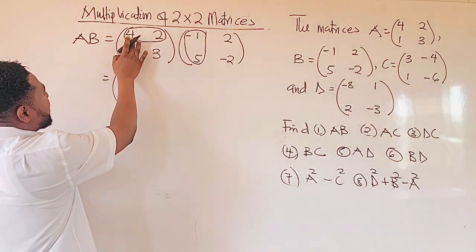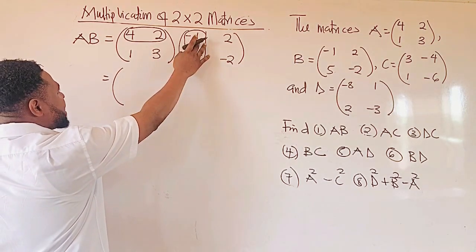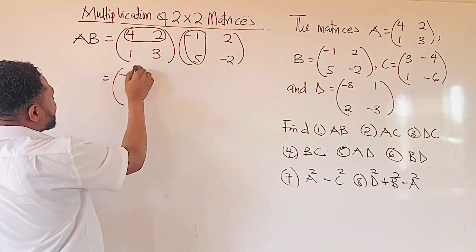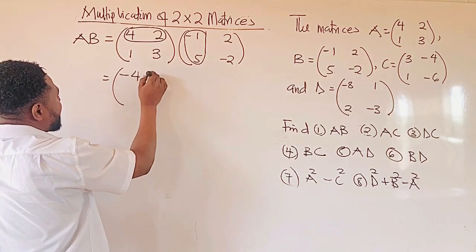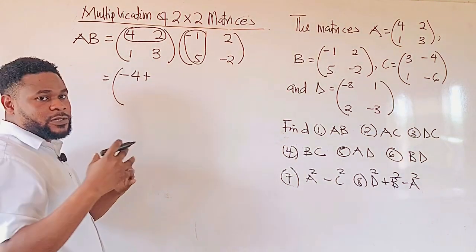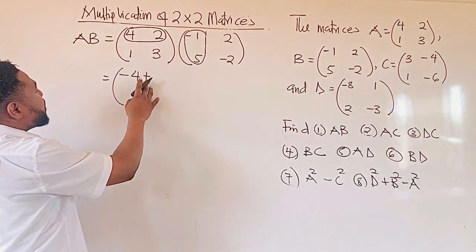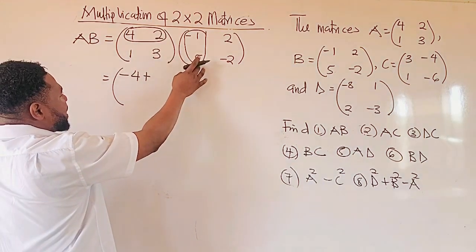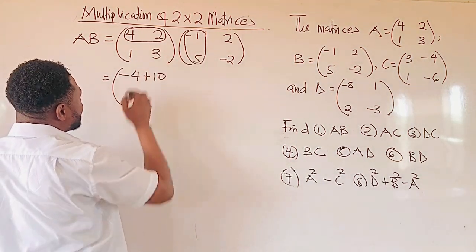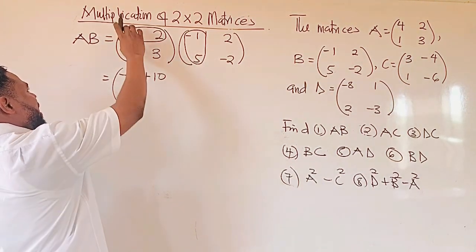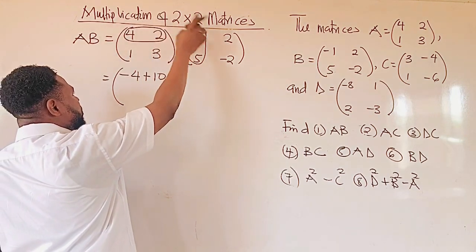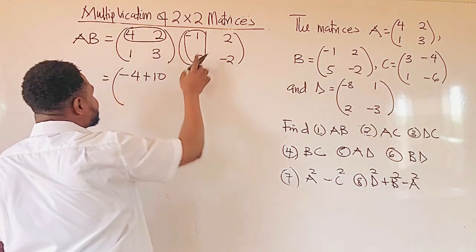Now we pick our 4 here to multiply the negative 1, and that will give us negative 4. Plus, all the time we add, so we bring our plus here. Plus 2 multiplying 5, and it's going to give us 10. So we are done with our first row by our first column.